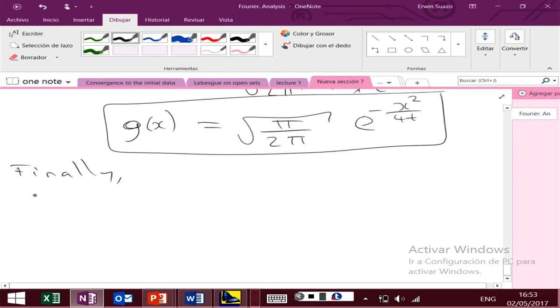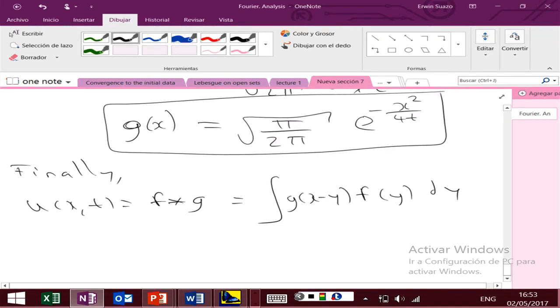So u(x,t) equals f convolution g, and this is the integral. I'm going to write it like f of y dy, and this is g of x minus y, but in my notation everything has a square root of 2 pi.